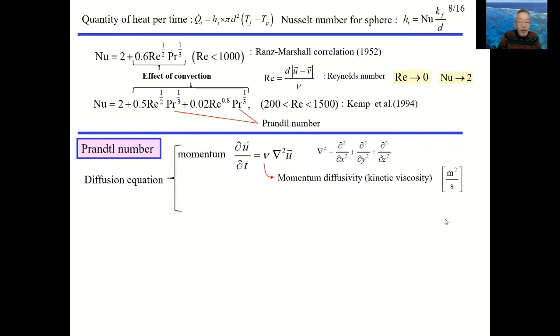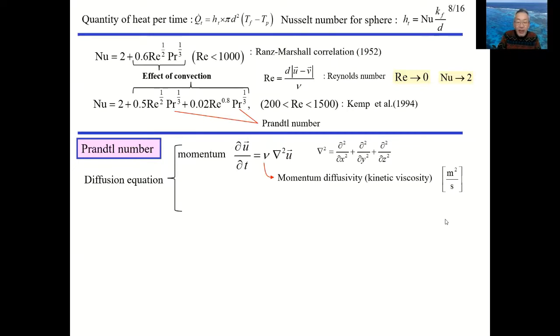First, the momentum diffusion equation is shown. The time derivative of the fluid velocity is proportional to the Laplacian of u and the momentum diffusivity nu. I have explained the Laplacian operator in lecture 2.